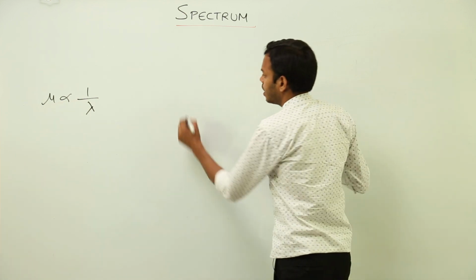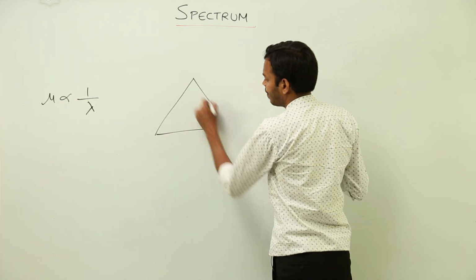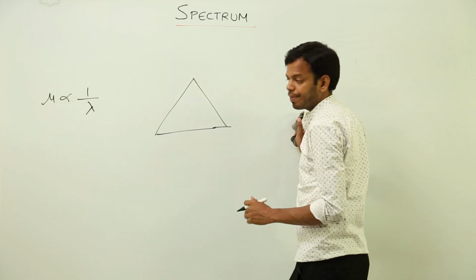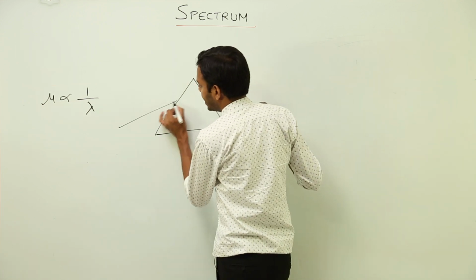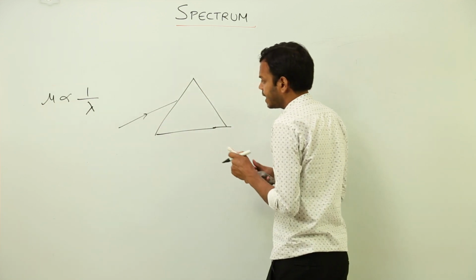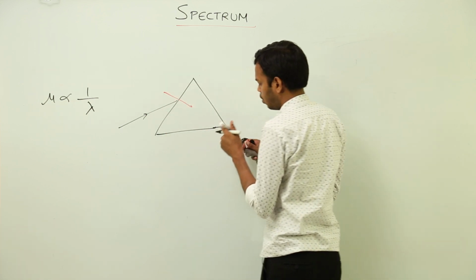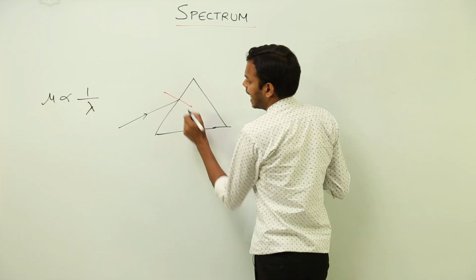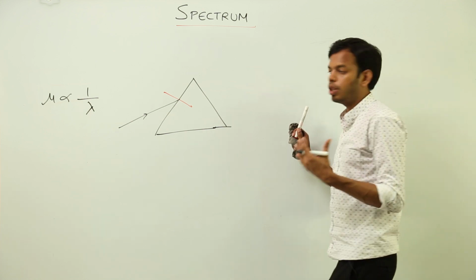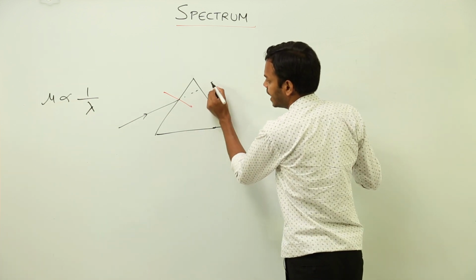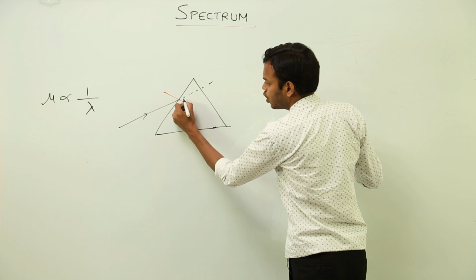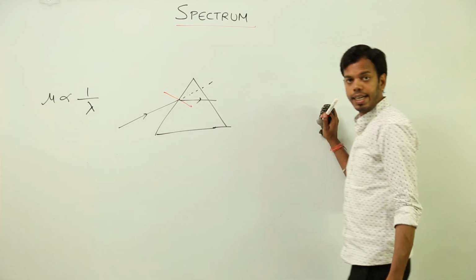What does that mean? Suppose we have a refracting surface and a light ray incident at this angle, and this is our normal. According to the theory we have read, instead of going straight, the ray is supposed to bend towards the normal, right?